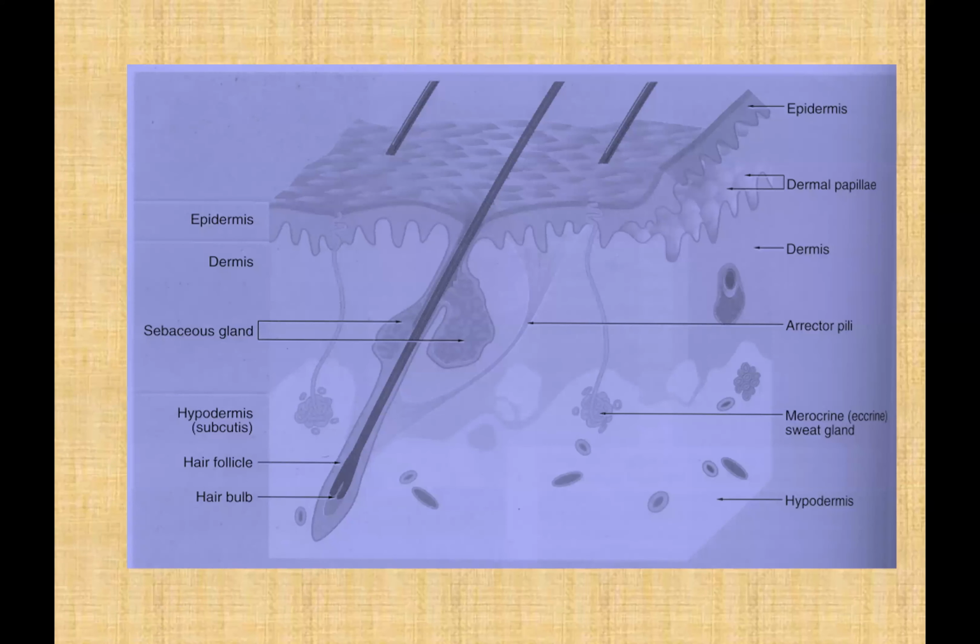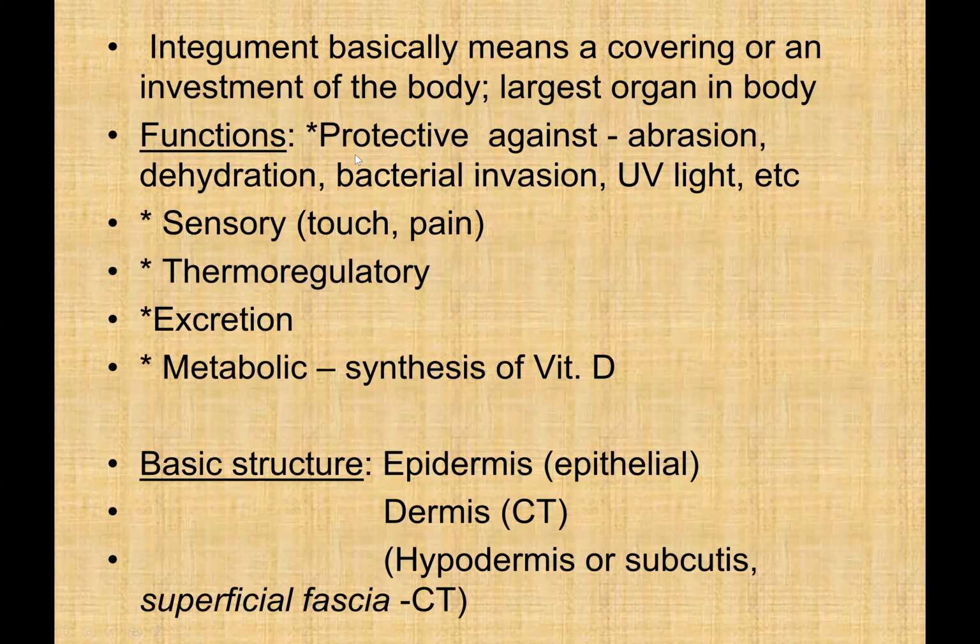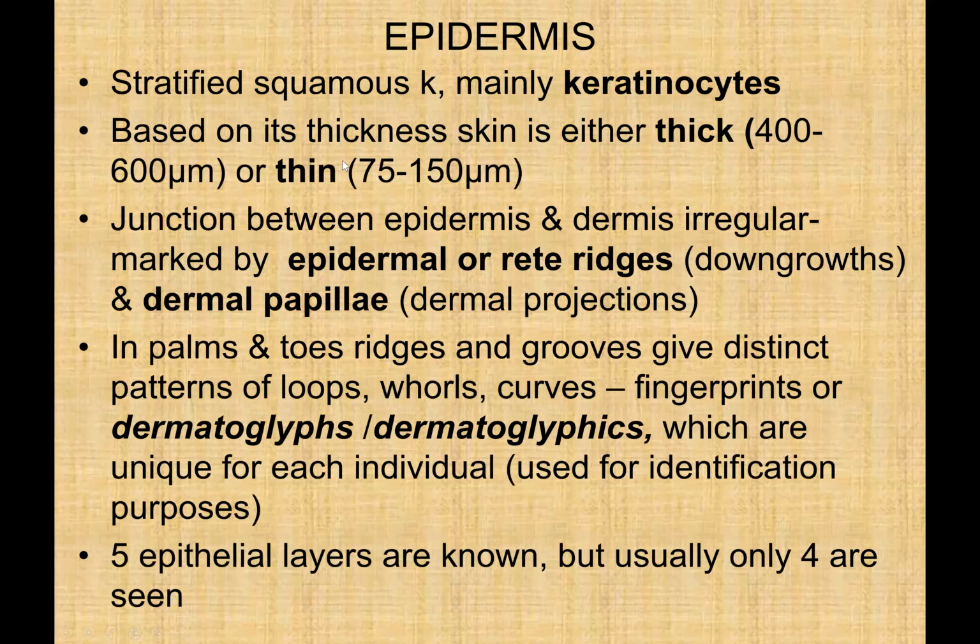Those that move into the epidermis are the dermal papillae, and those that come down, we call the root ridges. So the epidermal or root ridges are the down grooves, and the dermal papillae are the dermal projections into the epidermis.